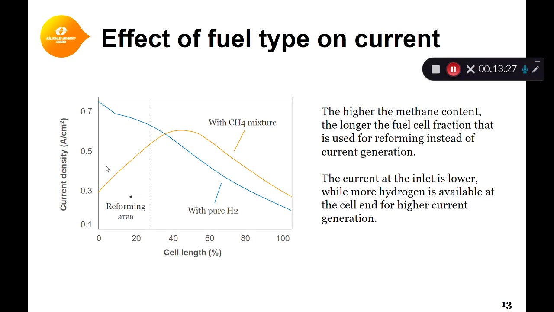For example, if we have methane in the fuel mixture, the maximum current density would be shifted much more toward the middle of the cell compared to when we have pure hydrogen, because the first part of the cell is used for on-anode reforming, so not many reactions occur to produce current. And more hydrogen is available at the end of the cell because it has been produced by the reformers, so the current density at the end of the cell is higher.